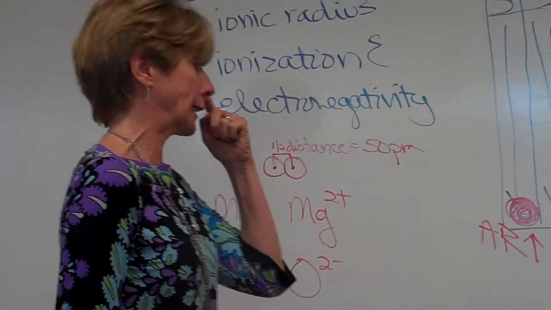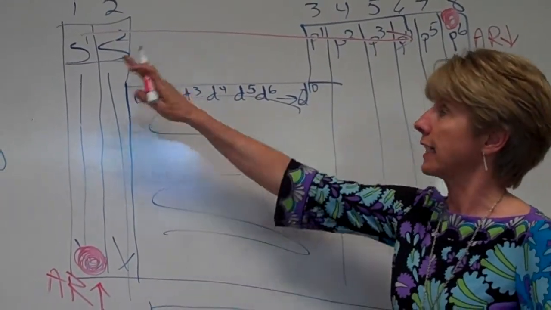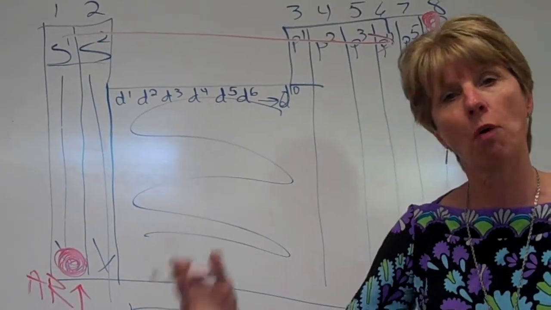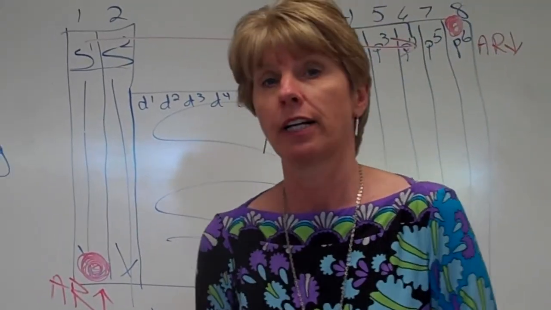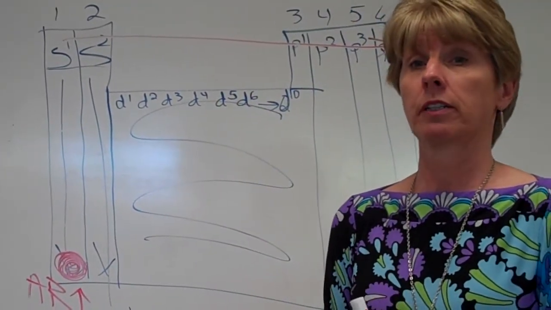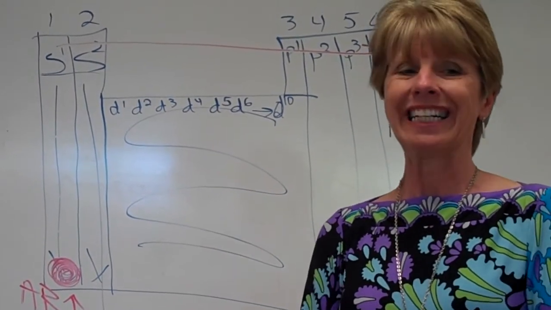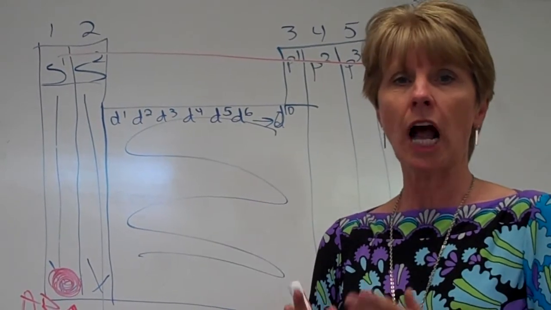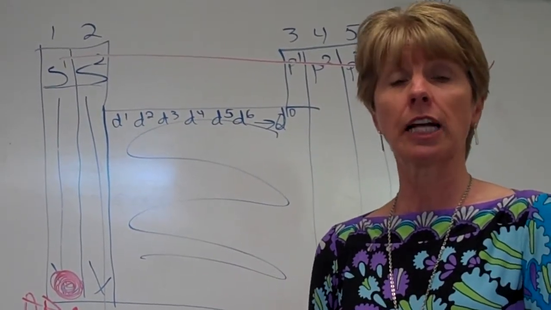Now let's do ionization energy. Ionization energy is the amount of energy needed to steal someone's electron. Now, listen to this because this is important. The lower the ionization energy, the easier it is to steal an electron.